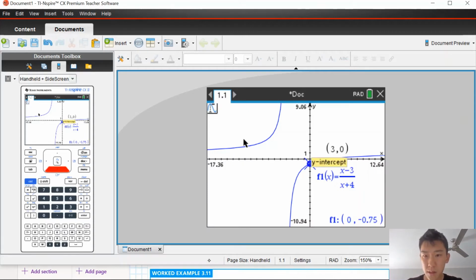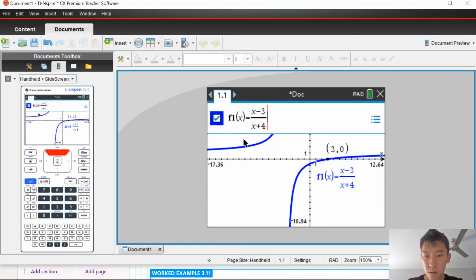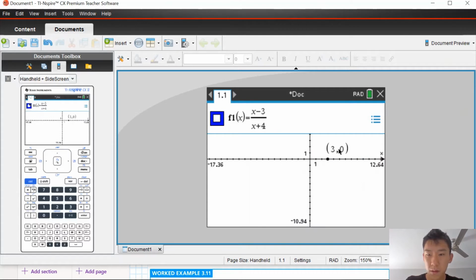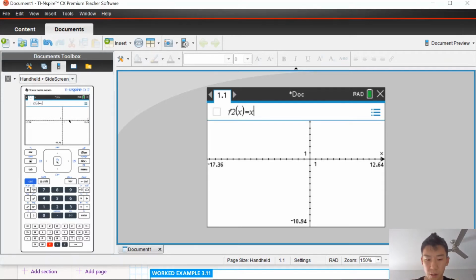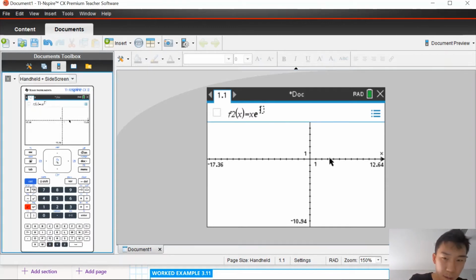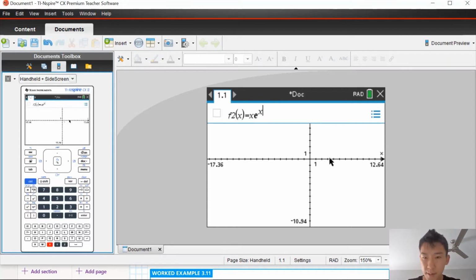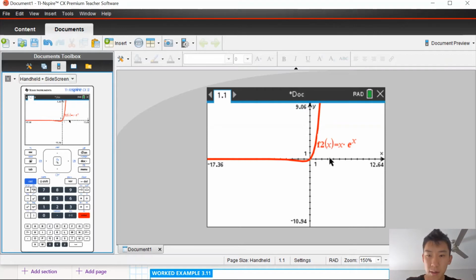So let's hide our first one and graph our second function. We want x times e to the x. Need to press the right button for e to the x. There we go.